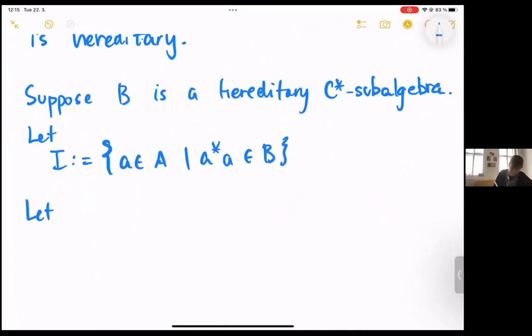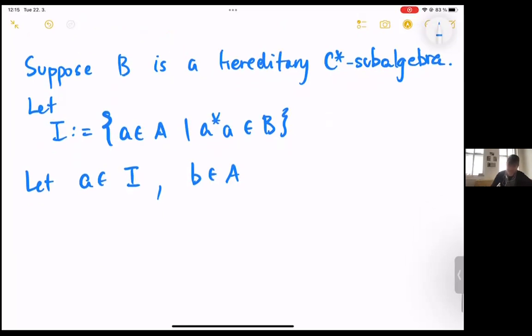So let a be an element of I and b be in A. And since we can always multiply by scalars, without loss of generality, we can assume that b has norm at most 1.